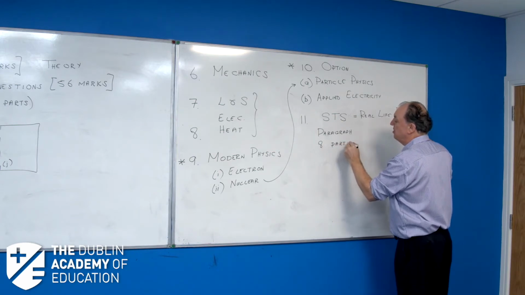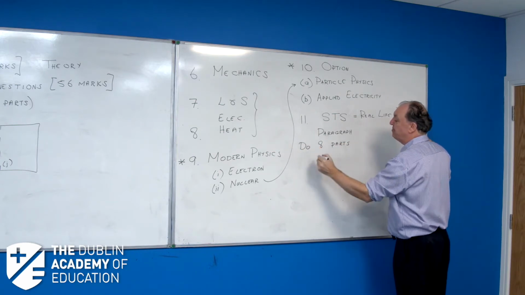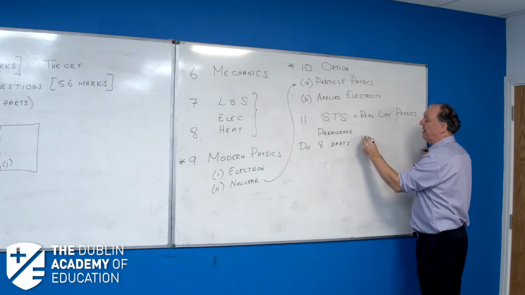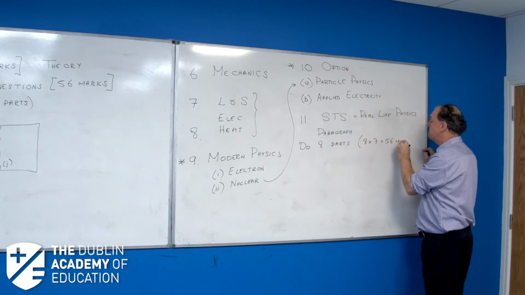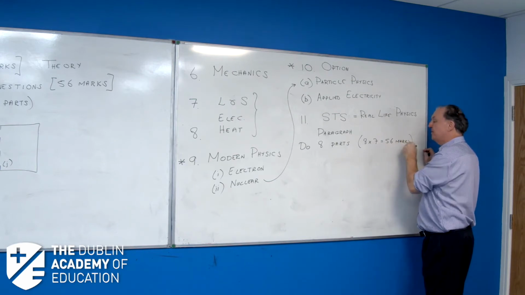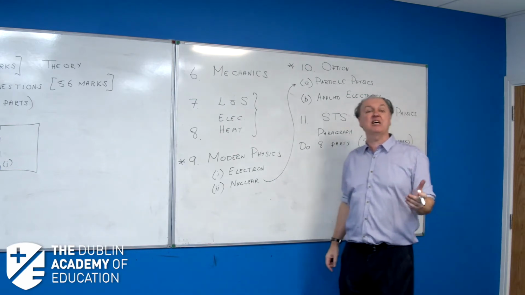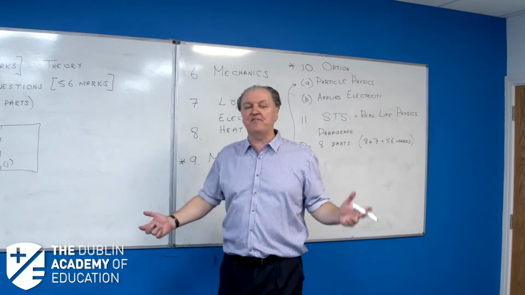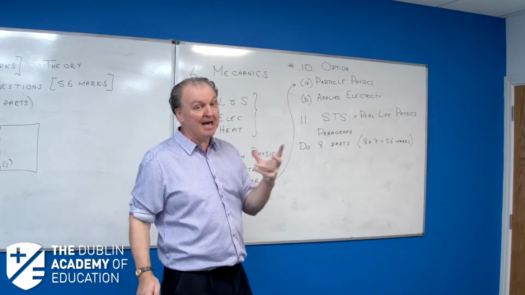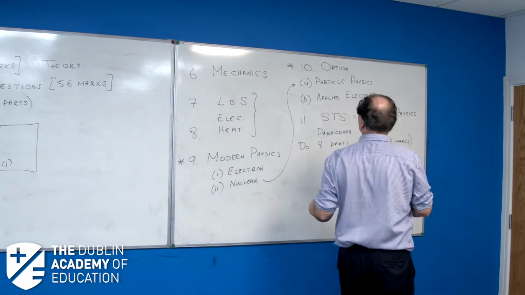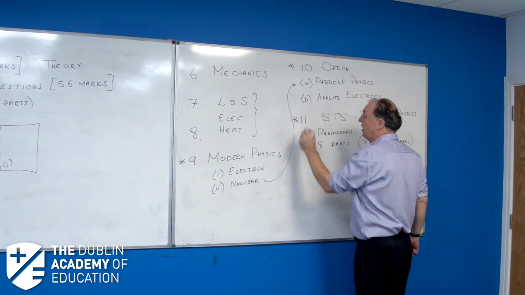You've got to do all 8 parts. That's 8 by 7, which again is 56 marks. They're short questions, so again, they can't ask you anything too difficult. So if you know your definitions and you've done your learning very well, and you read your paragraph, it can be a nice question to do. So question 11, yes, I would recommend that.